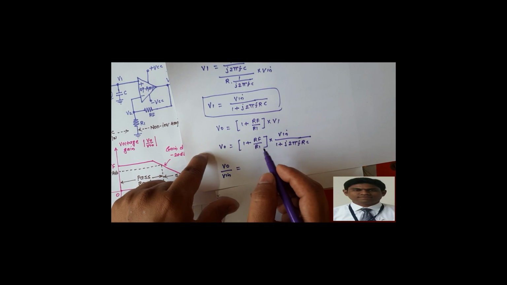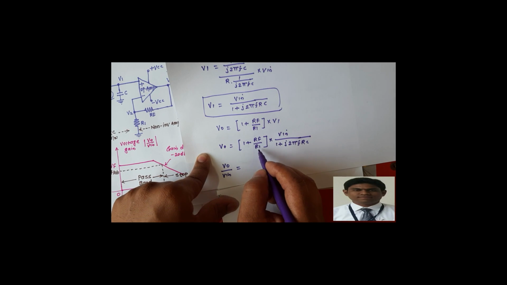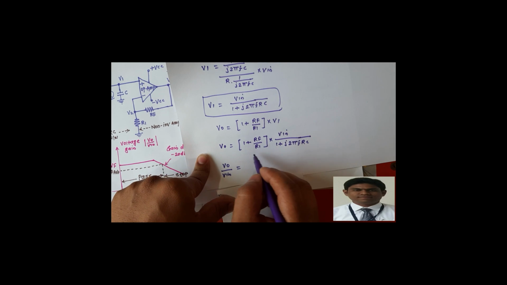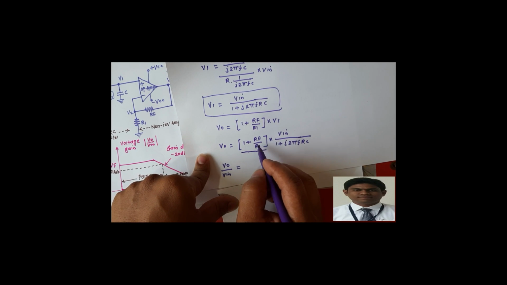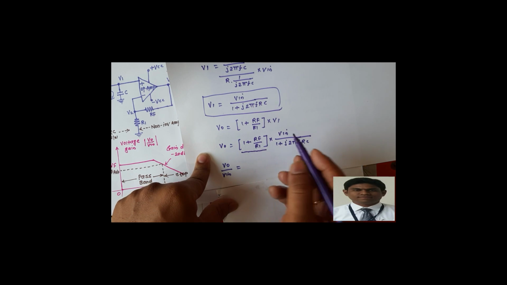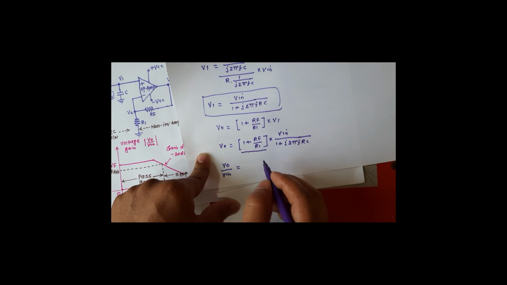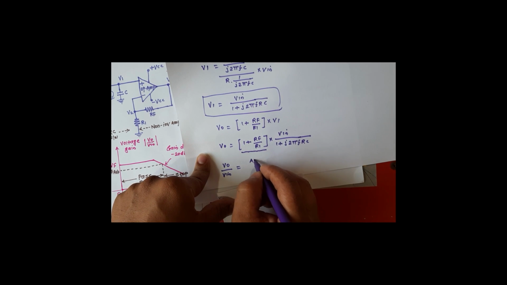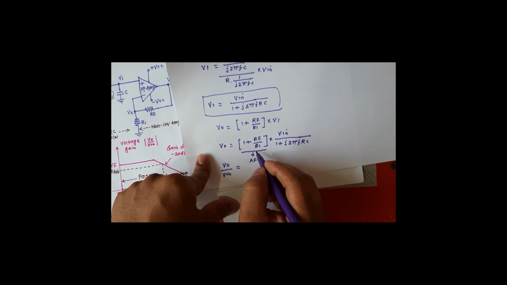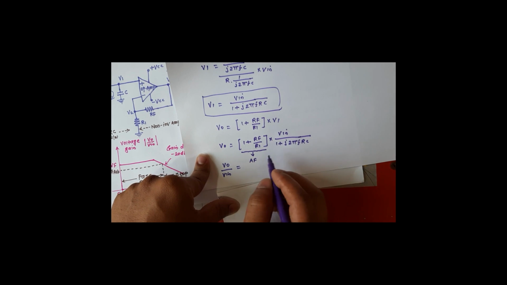Right. As you know, this 1 plus RF by R1 is the passband gain of the filter, and that is nothing but AF. That is represented as AF. So this 1 plus RF by R1 is AF.